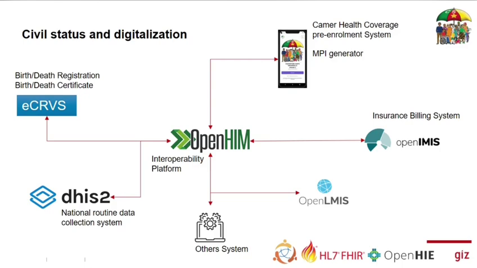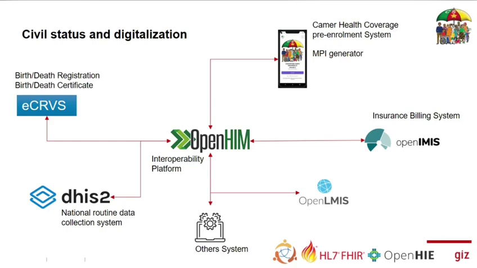The MPI can directly be generated and sent into openIMIS. So we will not have to go manually and enroll a baby in the software Camel Health in the future.